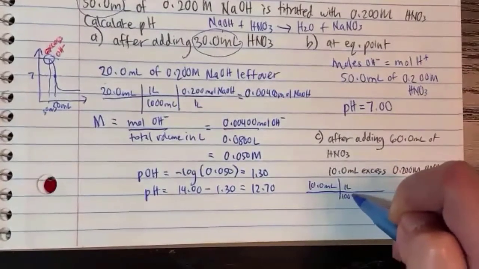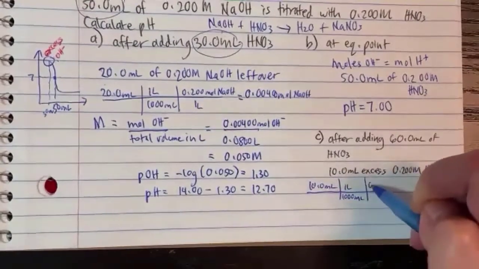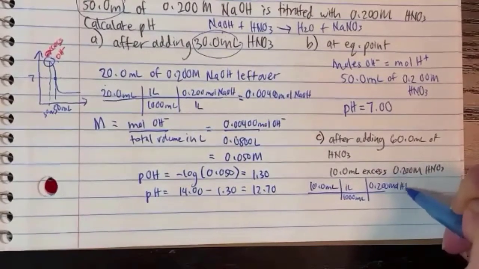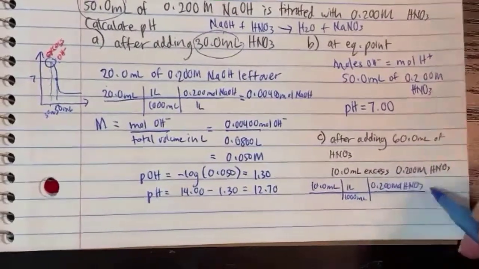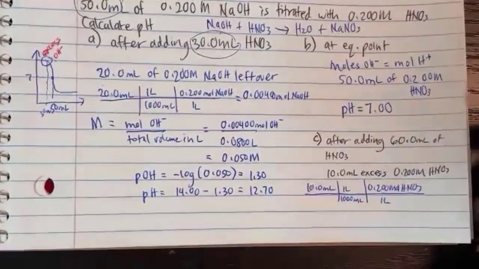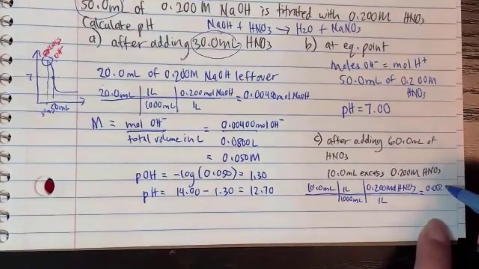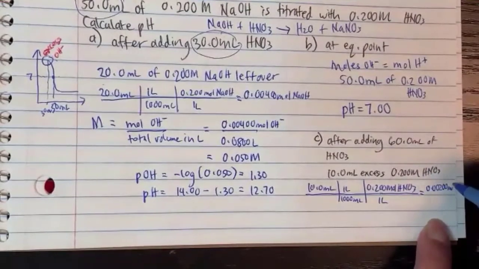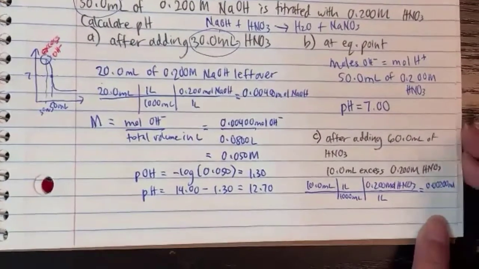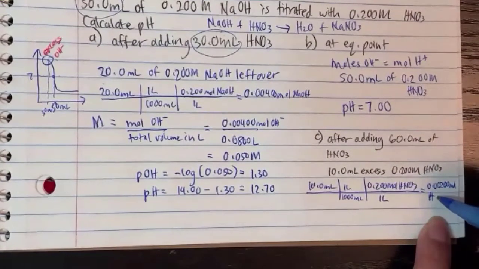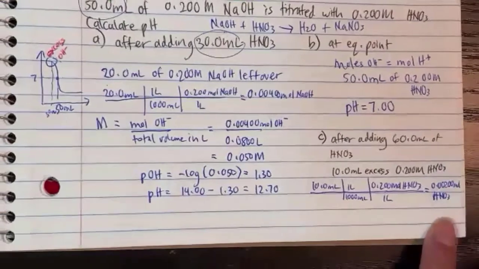One liter, 1,000 mL, 0.2 moles of HNO3 is to 1 liter. So your moles is 0.002. Sorry, running out of space. 0.002 moles of HNO3, which is also the moles of H plus.